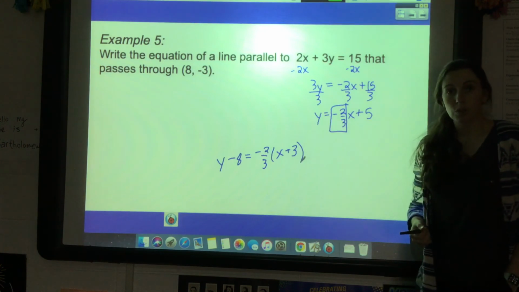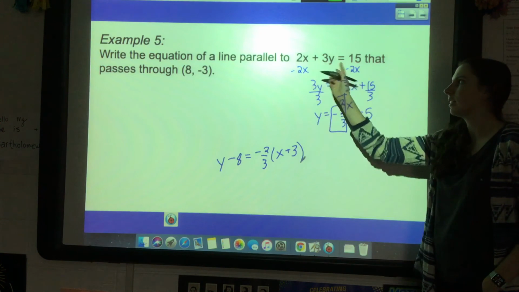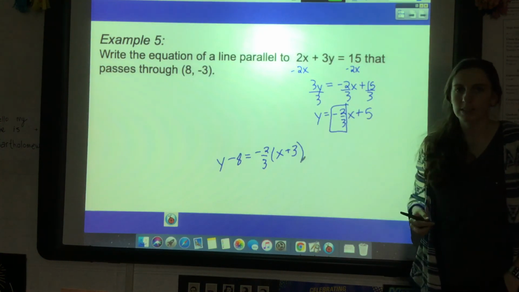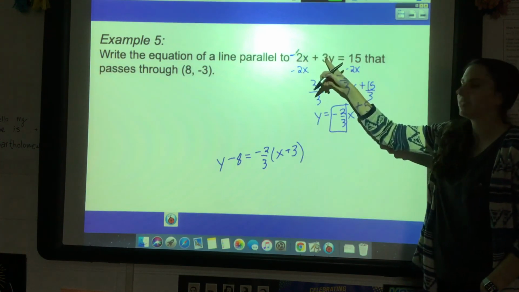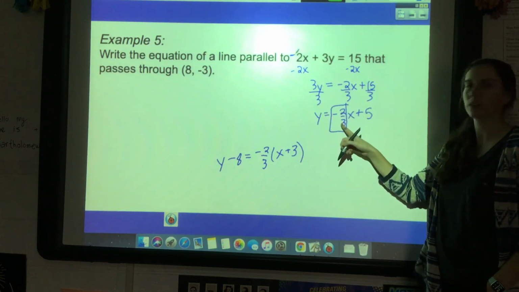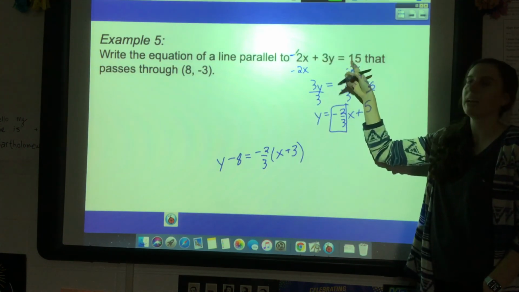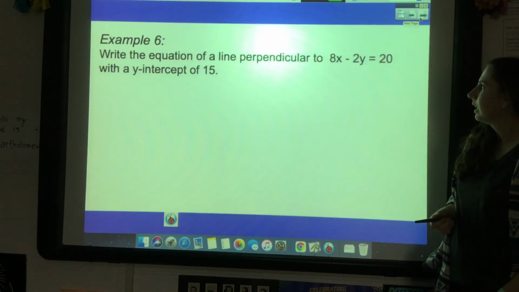By the way, a little shortcut here if you like shortcuts. If you ever have a line that looks like this, where x and y are on the same side, the slope always ends up being negative this over this. See how we got -2/3? It's always negative this over this, because you have to subtract that over there and then divide by 3. So here's another example.